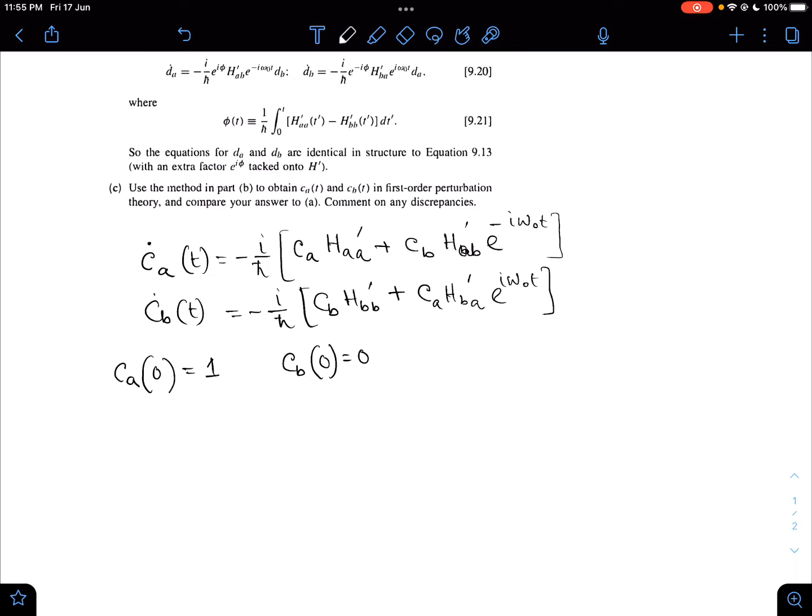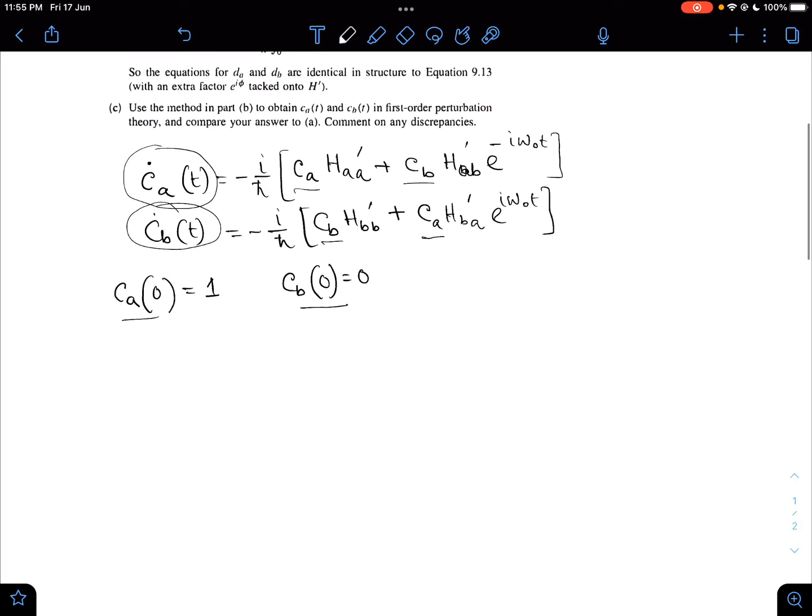We have to calculate first order. For that, first we will calculate the zeroth order coefficients and insert them into the expressions for c_A dot and c_B dot.